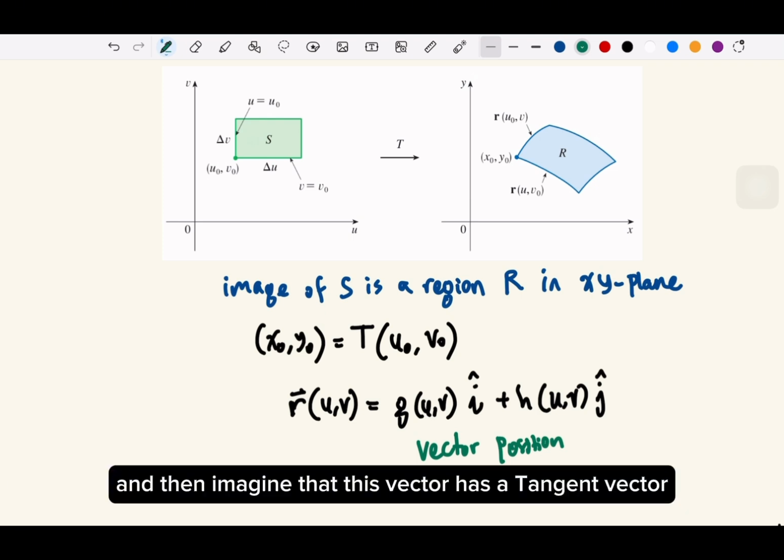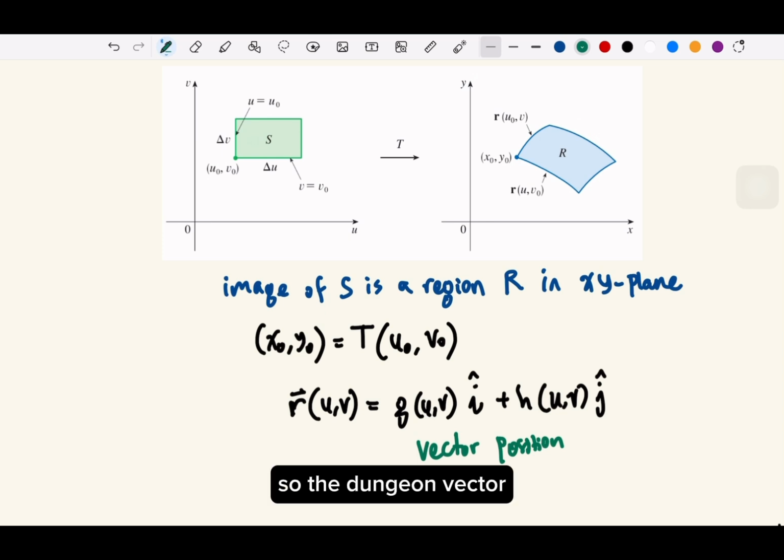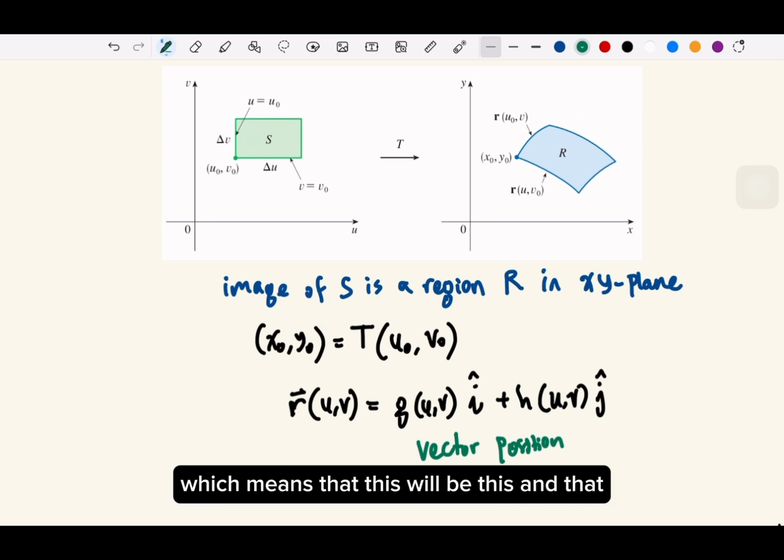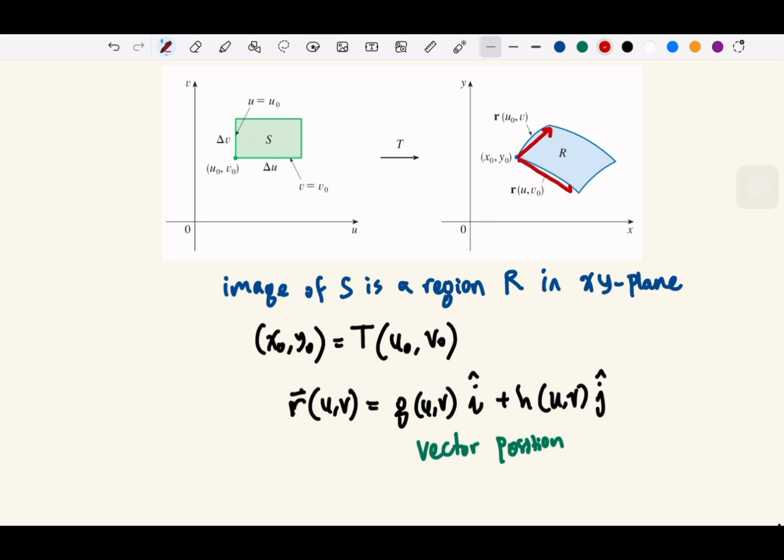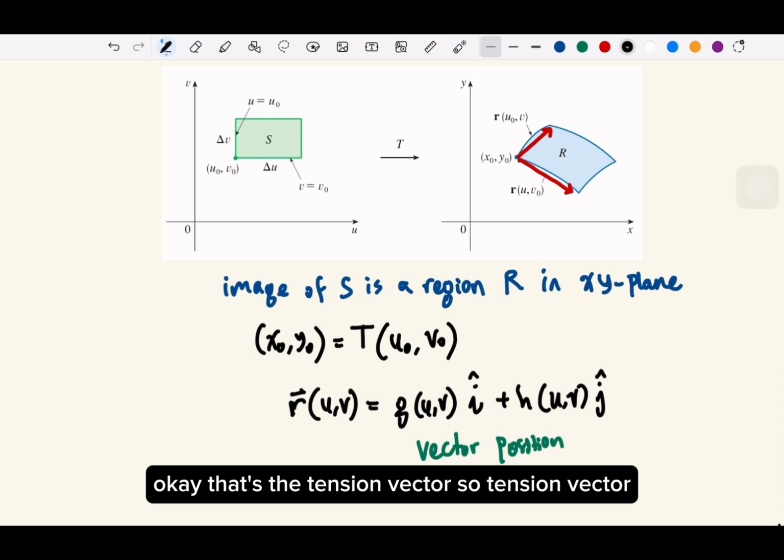And then imagine that this vector has a tangent vector. So the tangent vector means that this will be this and that. Okay, that's the tangent vector.